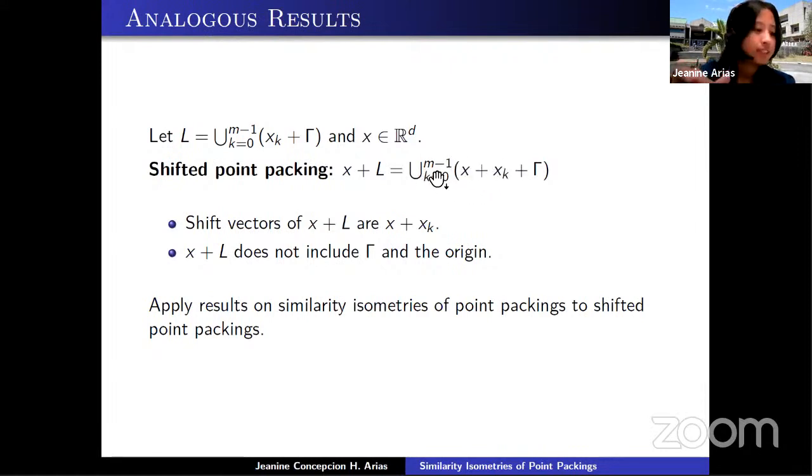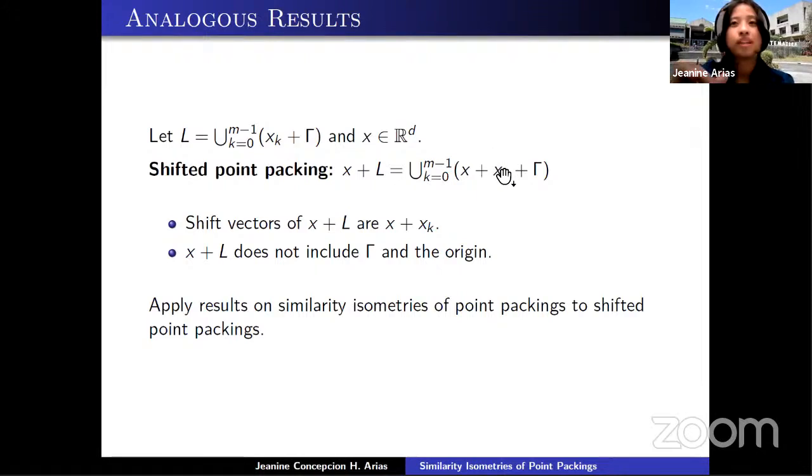However, the only difference is that the shift vectors of x plus L are now x plus x_k, meaning they are now shifted by x. Before we only had x_k plus gamma, now we have x plus x_k plus gamma. Moreover, x plus L does not include gamma and the origin, because as we said earlier, x_0 is always set to 0.